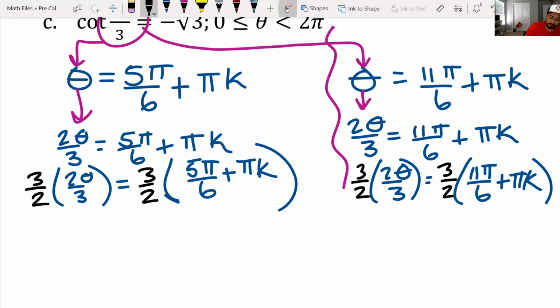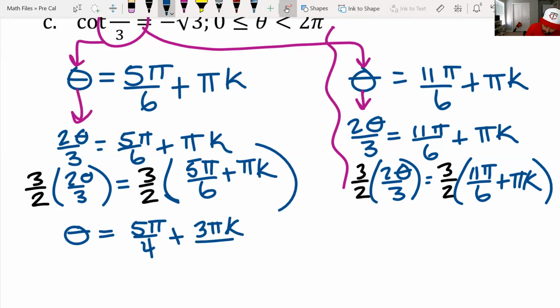Okay, and the result is theta equals, what's that, 15 pi over 8, or that is, let's see, you cross cancel, that's 1, that's 2, so you get 5 pi over 4 plus 3 pi k over 2.